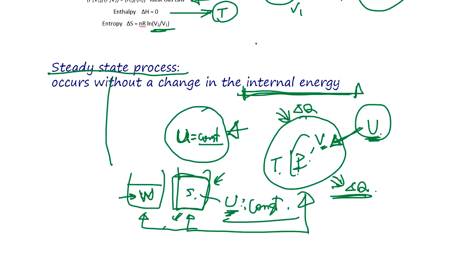Simplify the equation, and that's what it means. And so we covered enthalpy, entropy, internal energy, heat energy, and the steady state process. So that's all about classical thermodynamics.